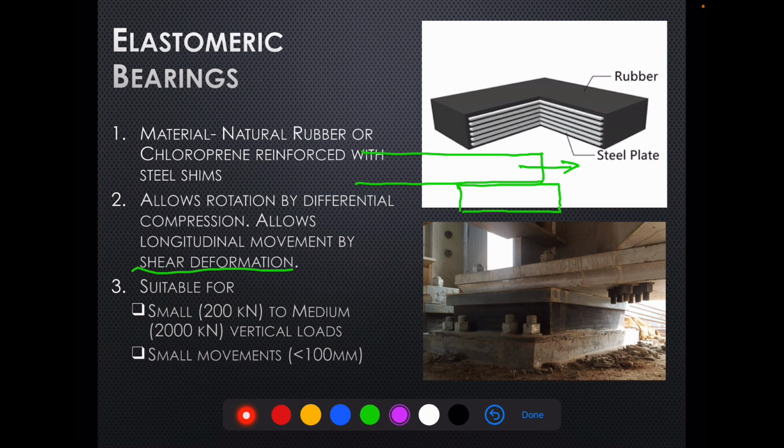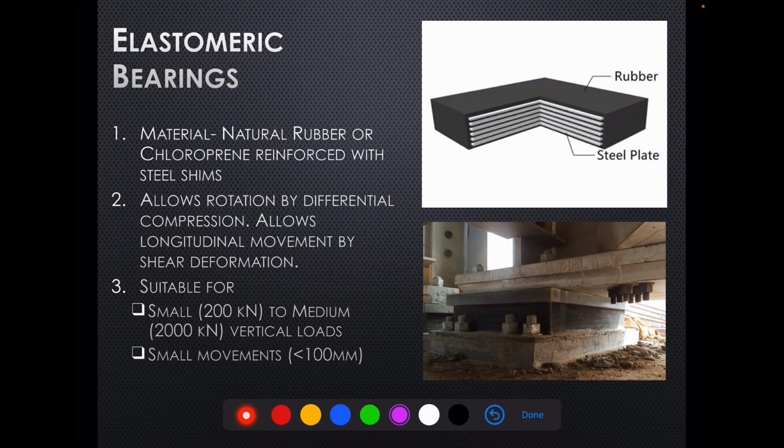So the deflected shape of this pad would be something like this. So this is how it allows longitudinal movement in the girder. So it is a very basic arrangement.